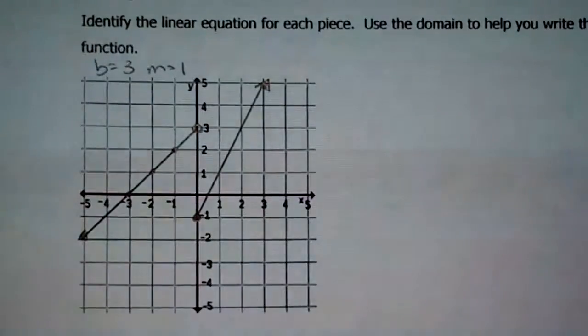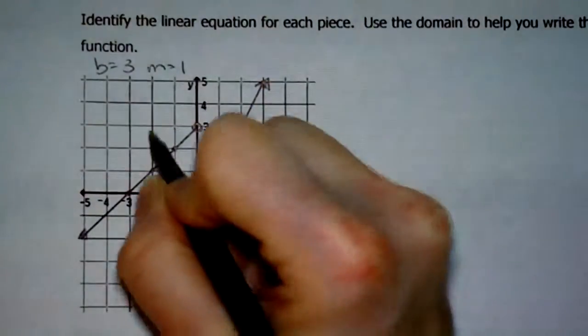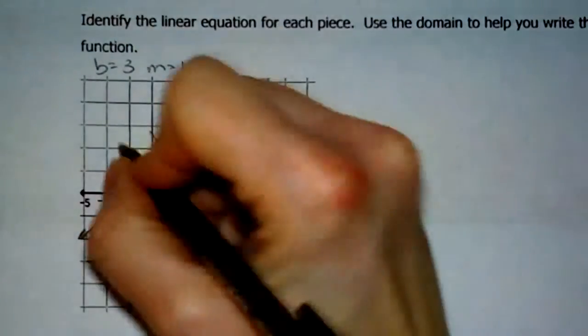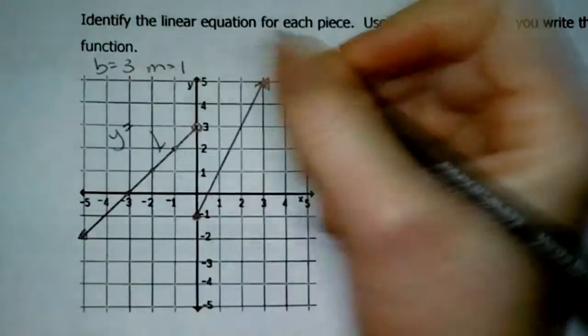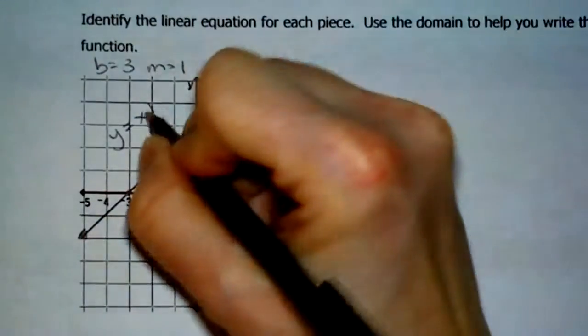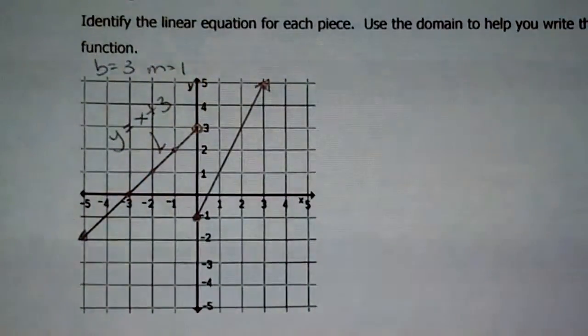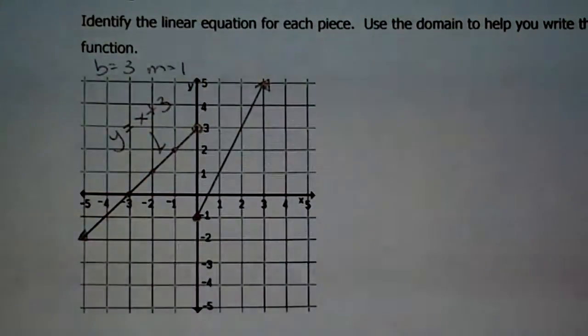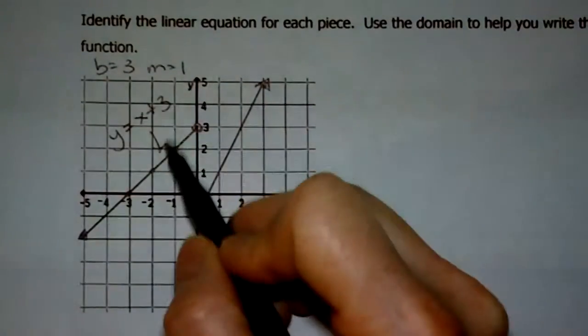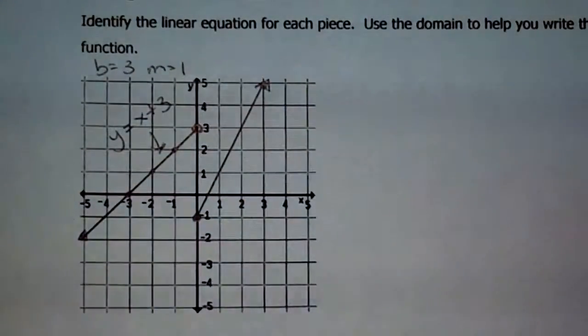That means my slope is 1. So the equation for this little line right here should be y equals x plus 3. Hopefully you're with me on that. So y equals x plus 3. Or you could say f of x equals x plus 3 and use function notation.